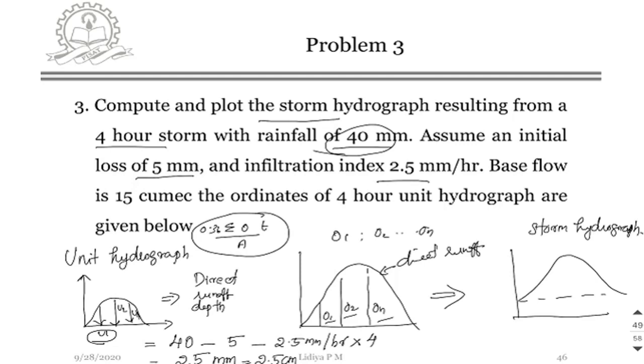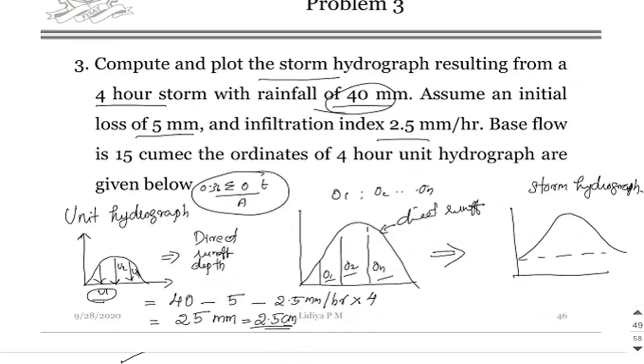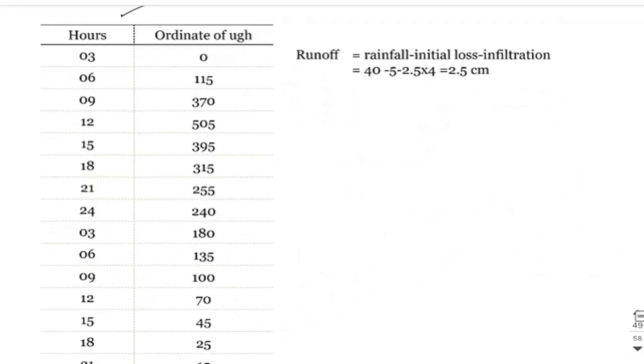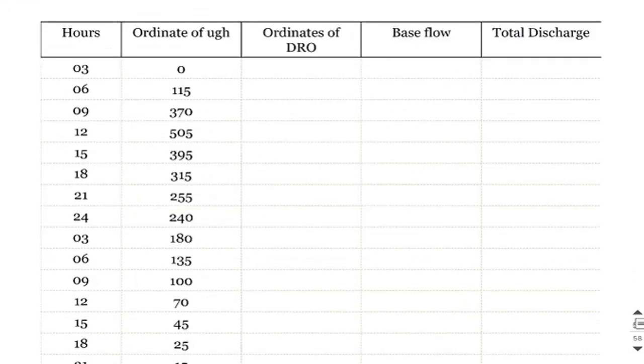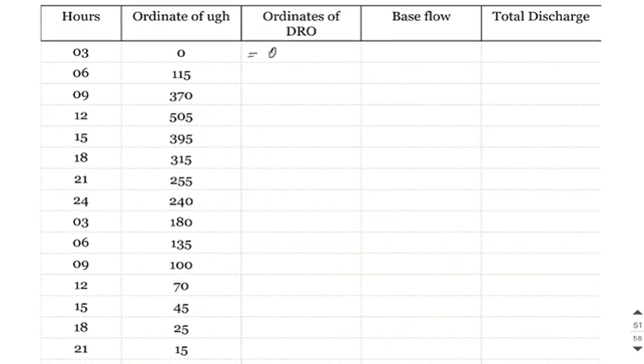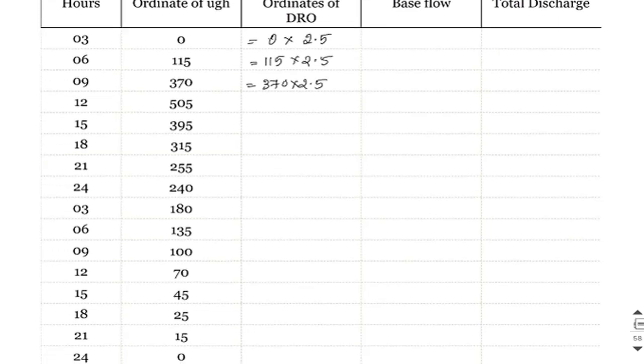So this is the procedure, and we'll solve that one. Ordinates of direct runoff hydrograph are equal to 0 into the depth of runoff, it is 2.5. So this is 115 into 2.5. This is 370 into 2.5. Then base flow, in the question it is given as 15, so throughout it is 15.